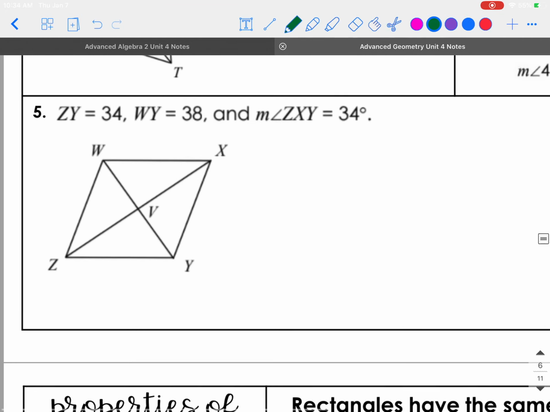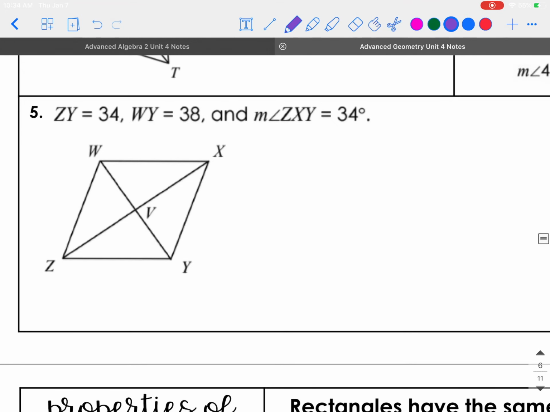ZY, 34, which means that all of these are 34. WY is 38, which means that 19 and 19. Angle ZXY is 34.